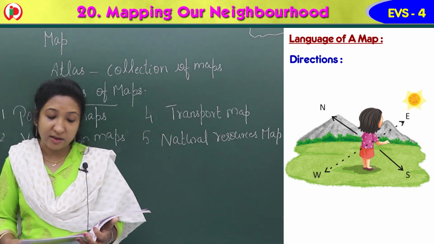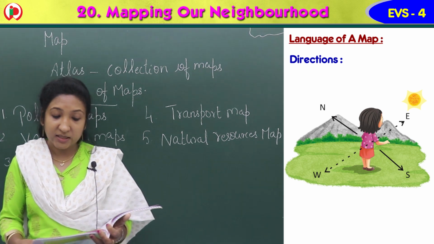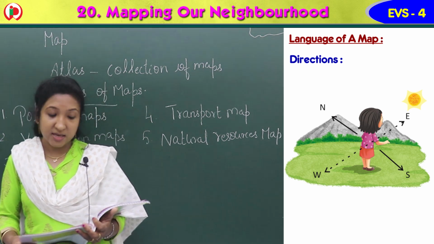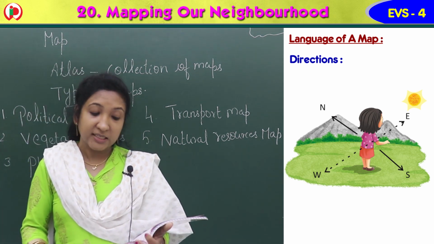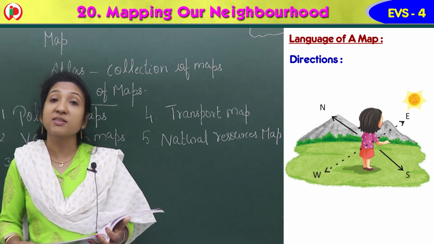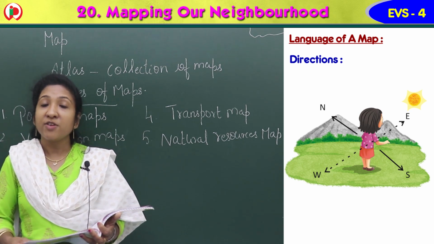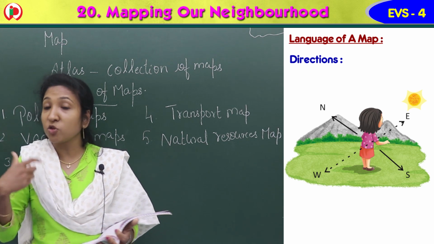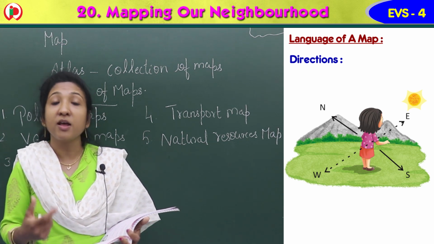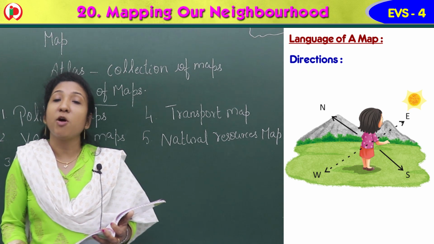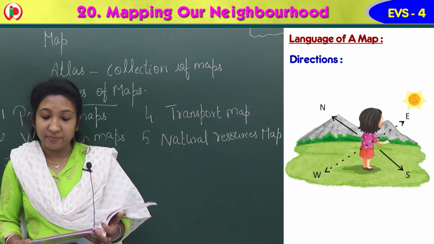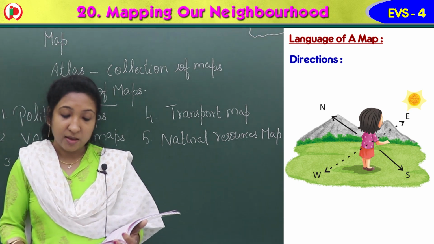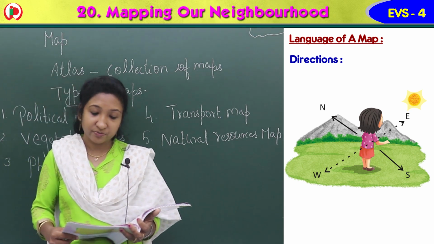Signs and symbols are used to represent important information like roads, rivers, bridges, temples and churches on maps. Some of them are given below.